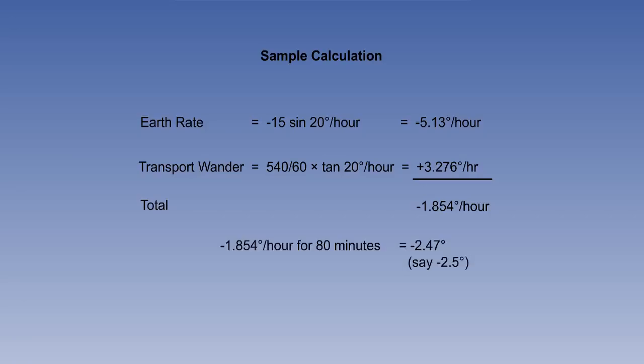After 80 minutes, the change will be minus 2.5 degrees. So the gyro will read 270 degrees minus 2.5 degrees, which is 267.5 degrees. Compare this answer to the answer we would get if the aircraft was travelling east along a track of 090 degrees true, to appreciate the difference travelling either eastwards or westwards will have as a result of Earth rotation and transport wander.